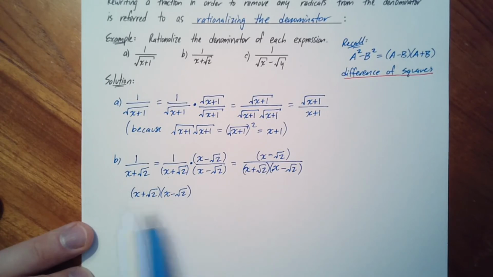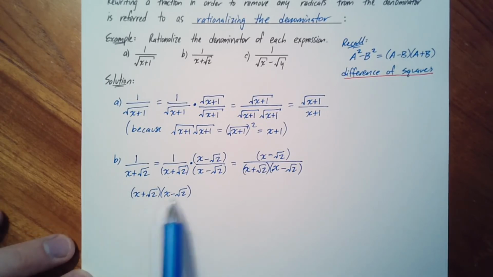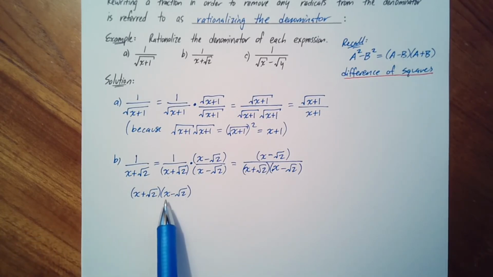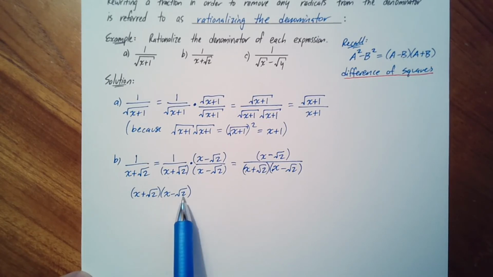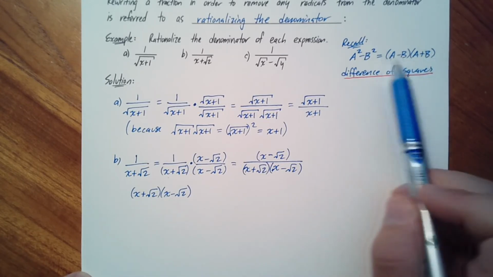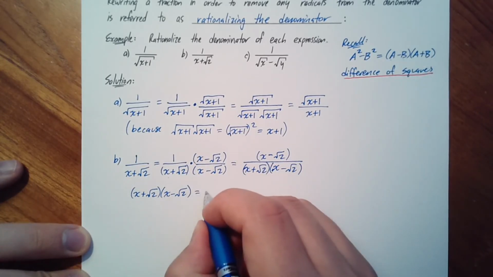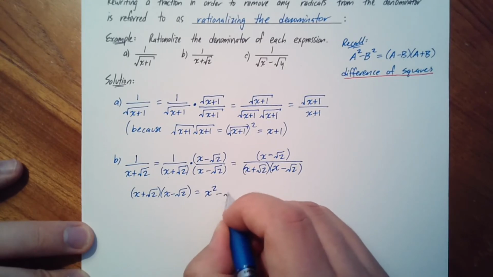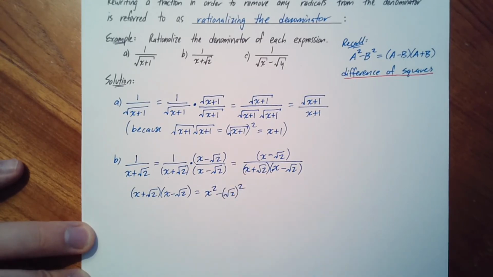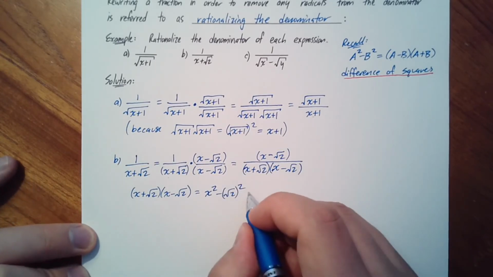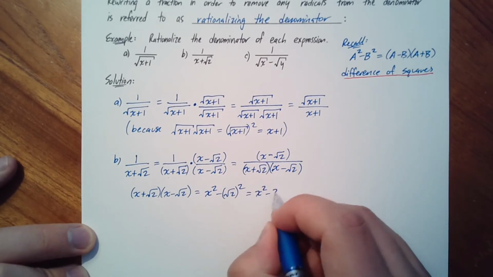Okay, I've got them in the other order. The addition one happens on the left, but it doesn't matter. I've got something plus something, and the same, something minus something, right? And the x's match up and the root 2's match up, so you really have this expression. So I can write this as x squared minus the square root of 2 squared, right? Which ends up being x squared minus 2.